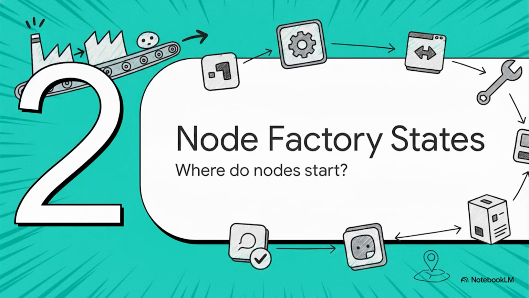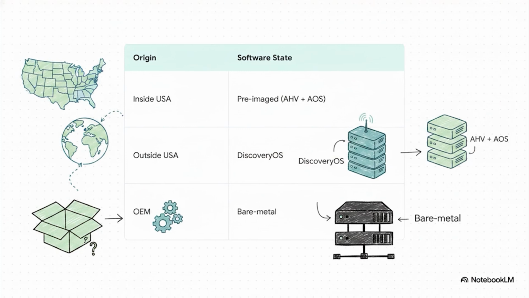Section 2. Node Factory States Explained. Now pay close attention here, because the distinction between these three factory origins is highly testable material. First off, if a Nutanix node is shipped inside the USA, it arrives pre-imaged. This means it already has a hypervisor, typically AHV, and AOS installed right there from the factory. Done. Second scenario.